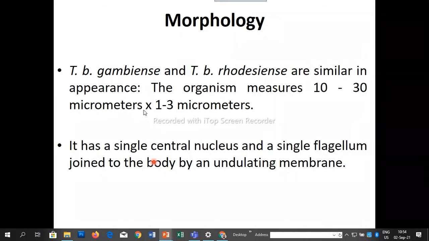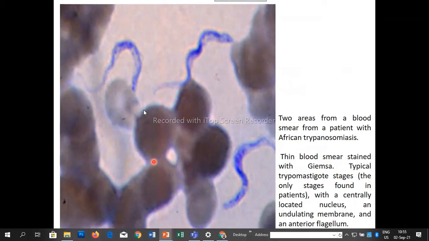Brucei gambiense and rhodesiense are similar in appearance. The organisms are around 10 to 30 micrometers in size, and have a single central nucleus and a single flagellum joined to the body by an undulating membrane. This is how they look, and they are very simple to recognize on microscopy.